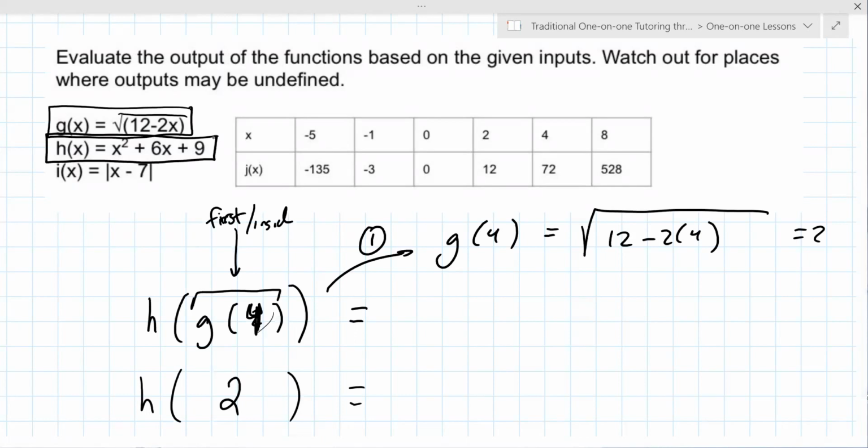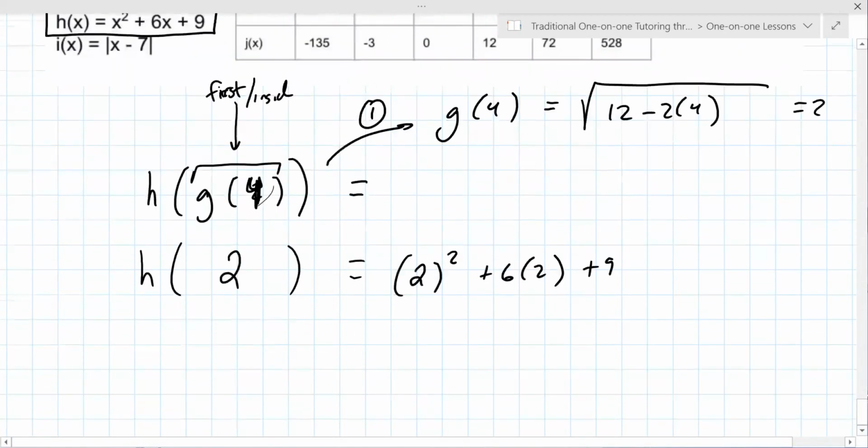Use x squared plus 6x plus 9. Instead of x, you put in 2. So what does this become? 25. Good.